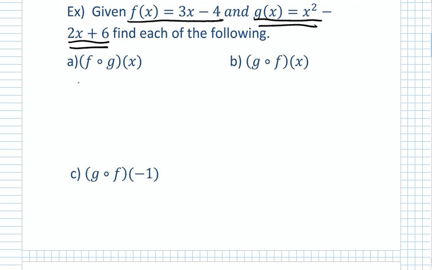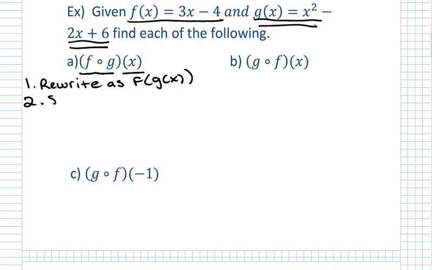So to solve the composition f of g of x, there are three steps. Number one, you want to rewrite it into parenthesis form. So you're going to rewrite it as f parentheses g of x.